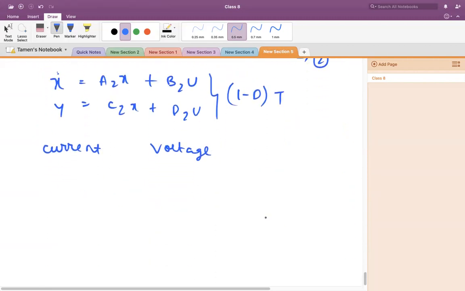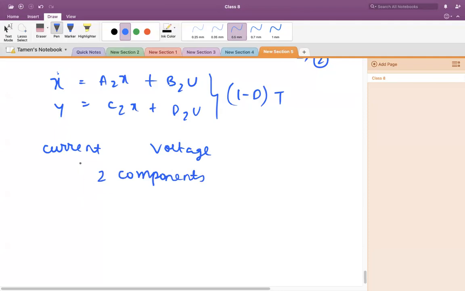So now in a converter, we have the current and the voltage. Those current and voltage will have two components. What are the two components?